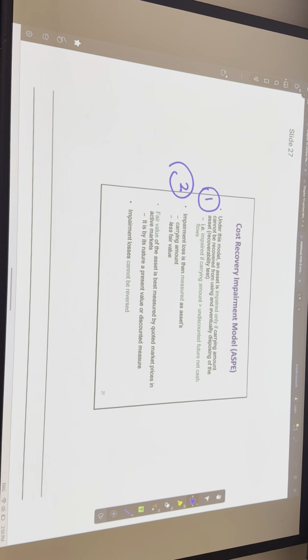Then we're okay. The second step says, okay, we're in trouble. We know that there's a problem with this equipment. Then we calculate the loss based on the carrying amount minus the fair value. Fair value means how much can I sell this equipment for today? It's called the quoted market price.